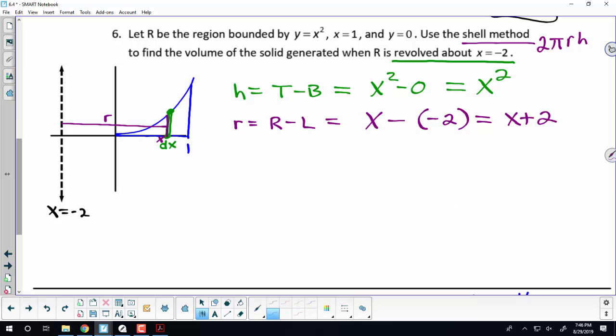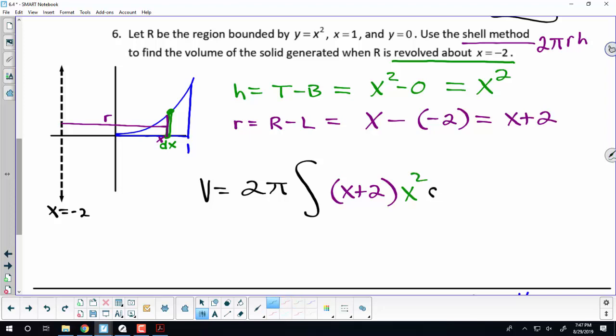So then our volume becomes 2 pi times r times h, and the bounds on x go from 0 to 1.